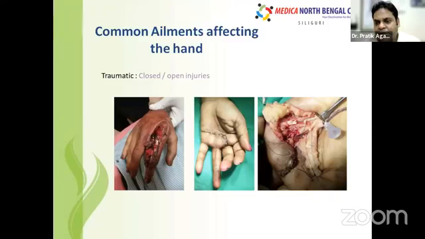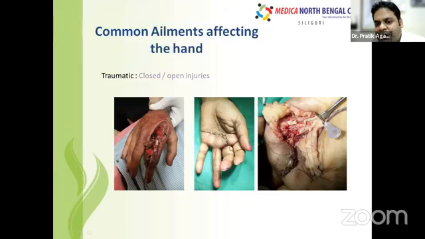The second most common, one of the most common elements, is trauma to the hand. It can be either an open trauma or a closed trauma. As you can see in the middle picture, there is a trauma. You can follow my cursor. There was a trauma in the hand and the wound is stitched, but you can see the radial two fingers are flexed and the middle two fingers are extended.